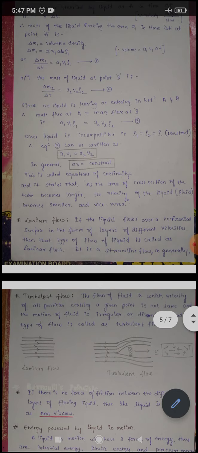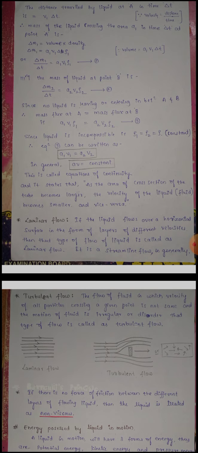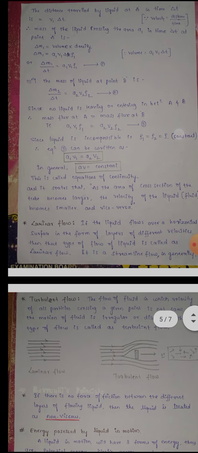We know that the liquid is incompressible. Incompressible means that while applying pressure, the volume of the liquid is not changing. Since the volume is not changing, the density will be constant.